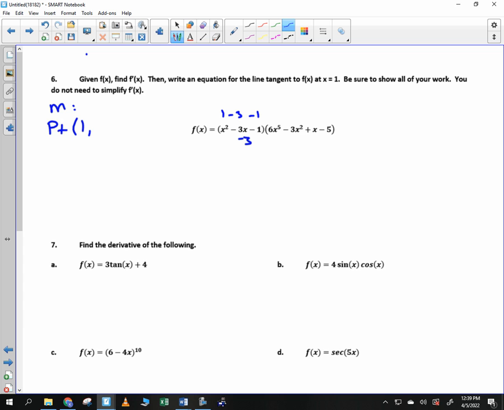If I plug in 1 here, I get 6 minus 3 plus 1 minus 5. So 6 minus 3 is 3, 3 plus 1 is 4, 4 minus 5 is negative 1. So we do not get 0. Negative 3 times negative 1 is 3. So the point is (1, 3).